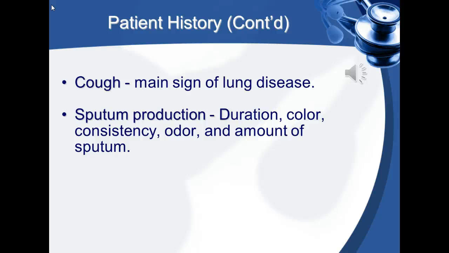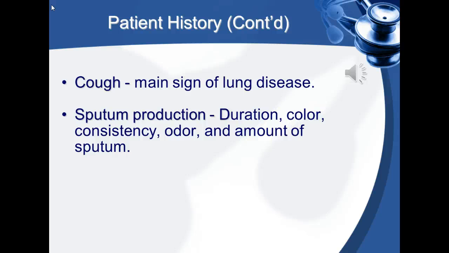The cough is basically a main sign of lung disease. When you're assessing a cough, you need to determine whether the cough is productive or non-productive, congested, dry, tickling, or hacking.